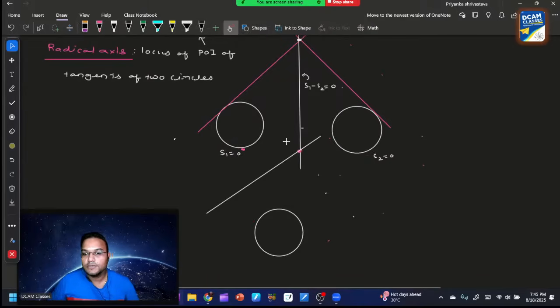But these three chords will intersect like this. These three radical axes will intersect like this.